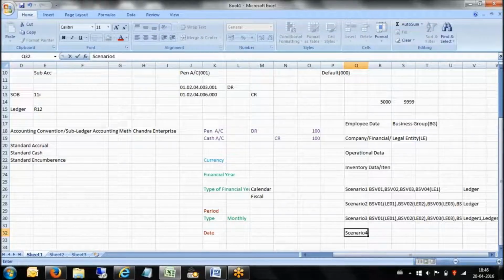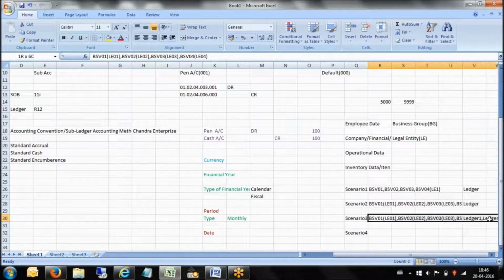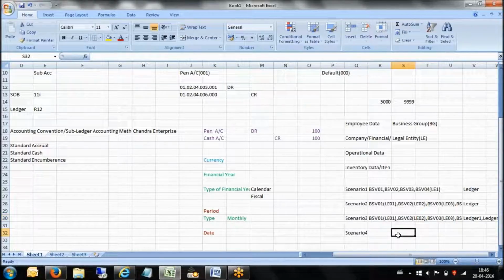Scenario 4, where business says that we have our legal companies registered in different countries altogether. Then also you need to go for this one. When you say companies are in different geographies or countries, it means different currency.